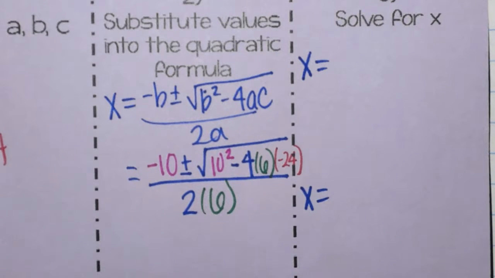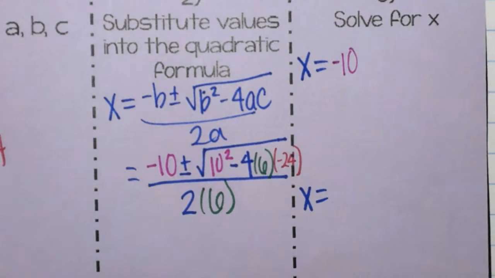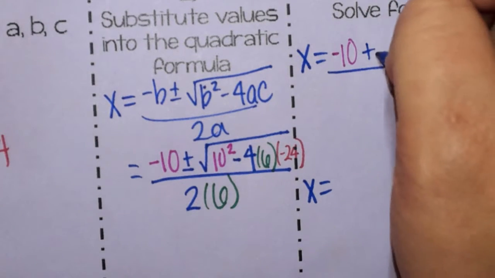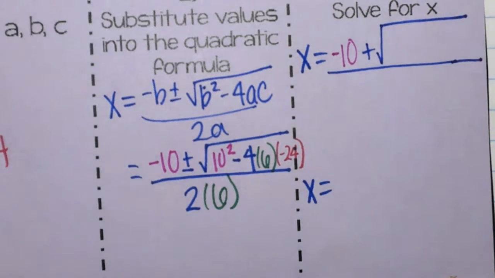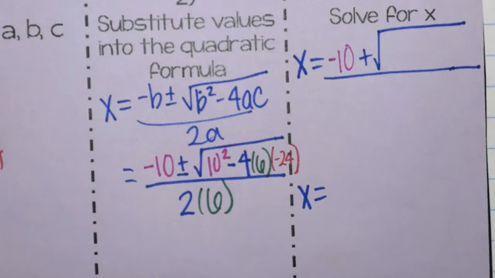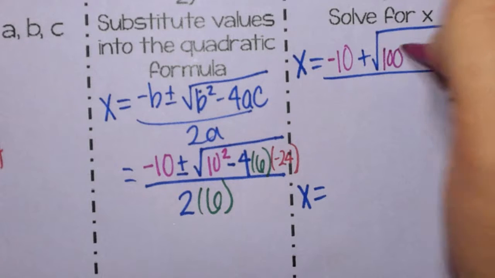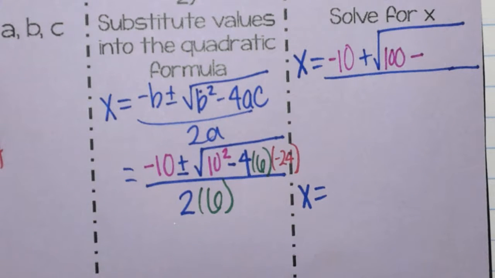So what do we start with? Negative 10. And then we're starting with a plus the square root. We're going to go ahead and multiply. What's 10 squared? We should know what 10 squared is. 100. Minus, what's 4 times 6 times negative 24? What's 24 times negative 24? Negative 576.